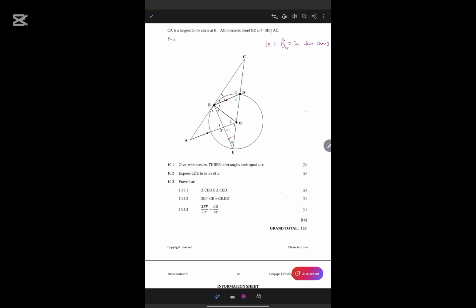What is the other angle? We are also told that the line BD is parallel to AO. Therefore, angle B4 corresponds with angle A. Therefore, the other angle, angle A, is also equal to x. These are corresponding angles. Why? Because the line BD is parallel to the line AO.